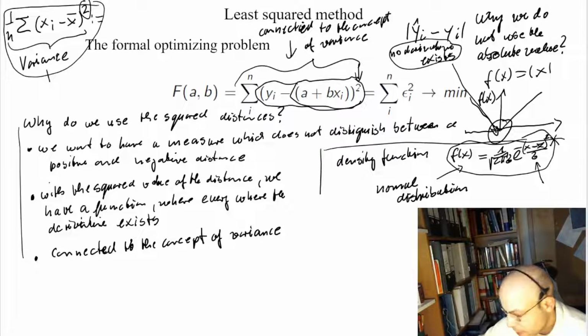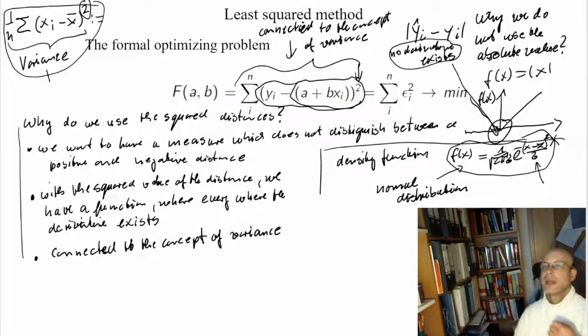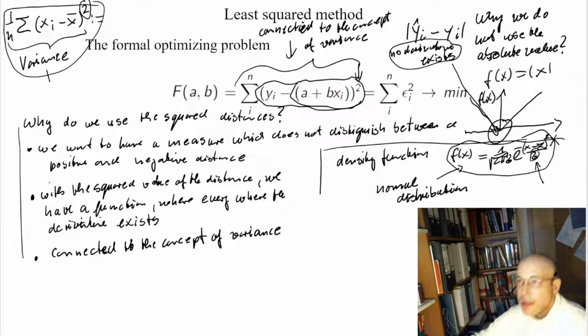And there we can say that since the normal distribution has such a high relevance in statistics, and we know from the central limit theorem that as we increase the number of our data points, we will move approximately to the normal distribution, and since we can represent the normal distribution via the variance, it is also a good idea to use these squared distances if we want to look for a so-called best fit of our data via a linear regression.